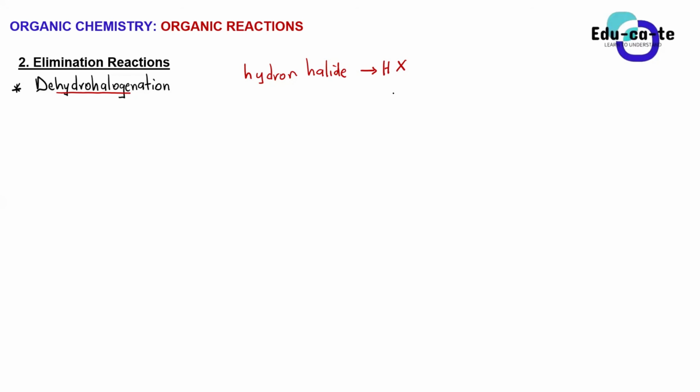But basically, if you see something like HBr, this is a hydrogen halide because it has a hydrogen on one side and a bromine on the other, and bromine is a halogen, right? If we have hydrogen chloride, HCl, hydrochloric acid, we have a hydrogen on one side and a halogen on the other. So these are hydrogen halides.